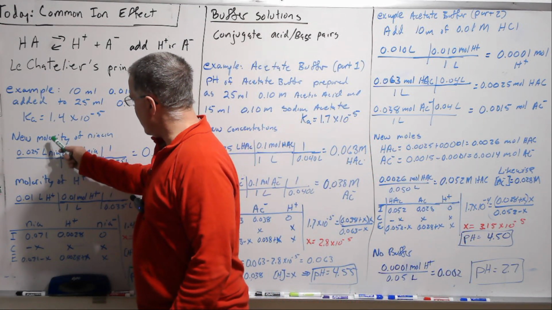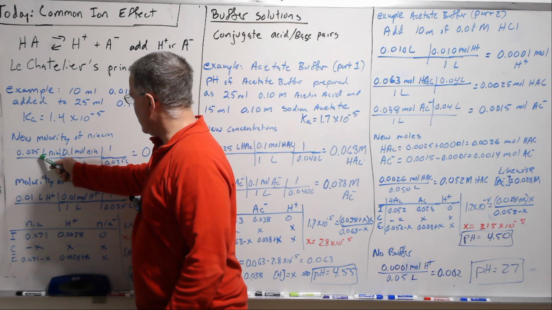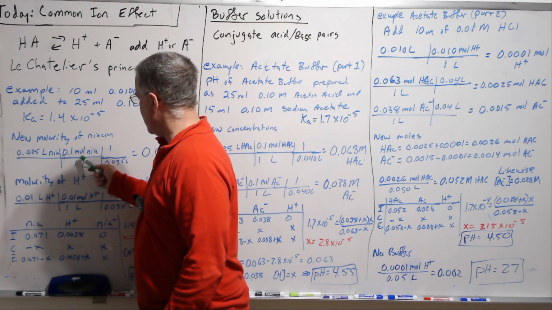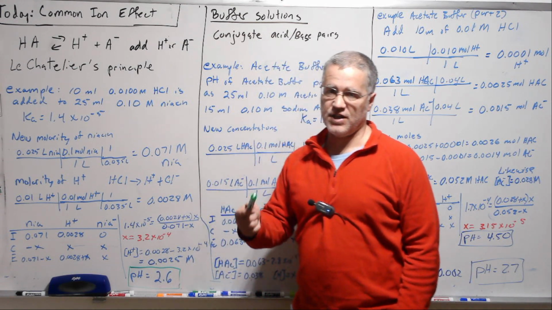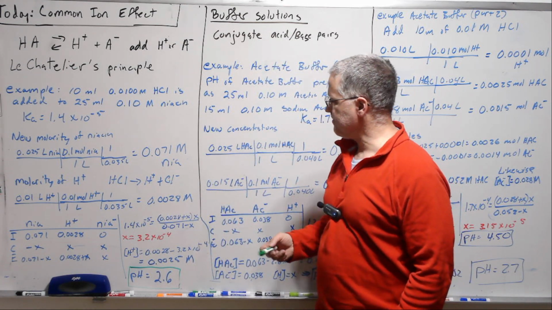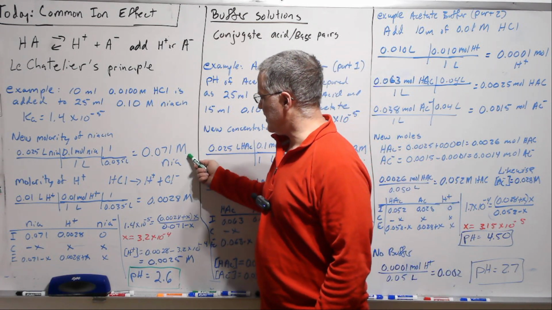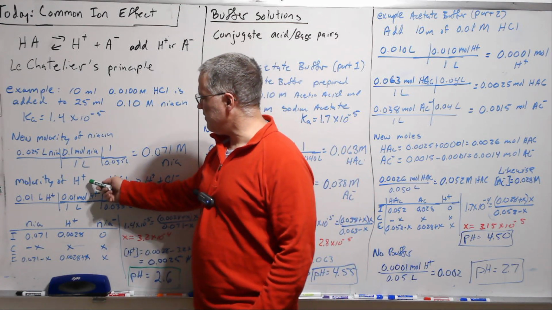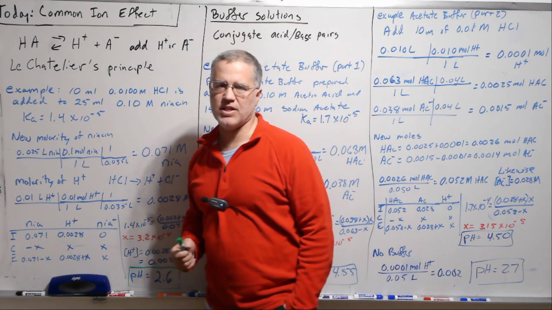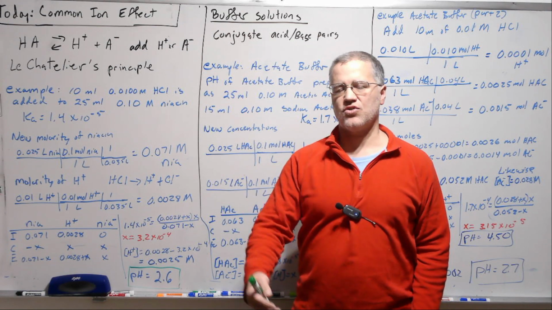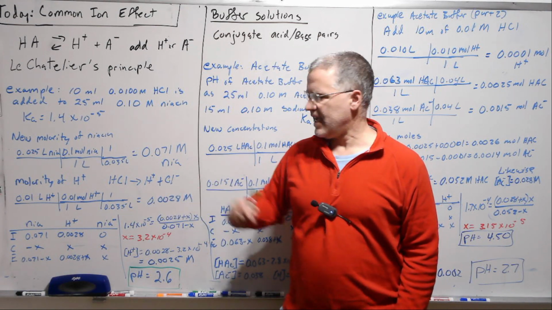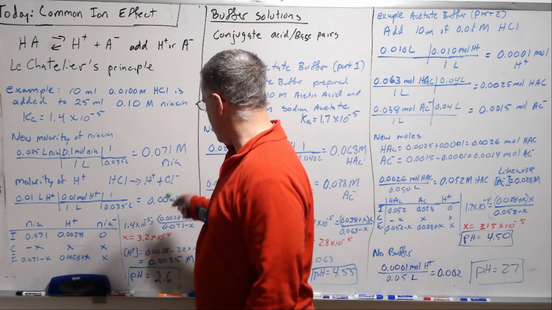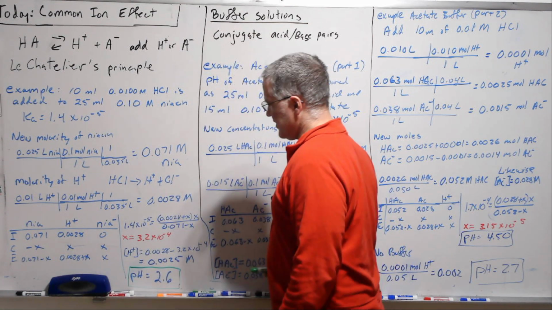So molarity of niacin, here's our original amount, our 25 mils. Here's our molarity, and then there's our new amount. We could just as well have done M1V1 equals M2V2. And we get a new molarity of niacin. The molarity of H plus is going to be exactly the molarity of HCl because it's a strong acid. So whatever the HCl molarity is, we'll just take that to be our H plus because it fully dissociates.